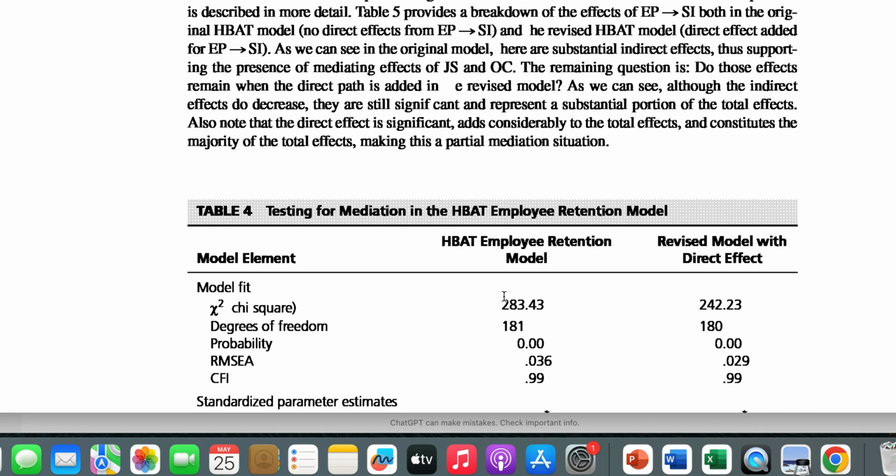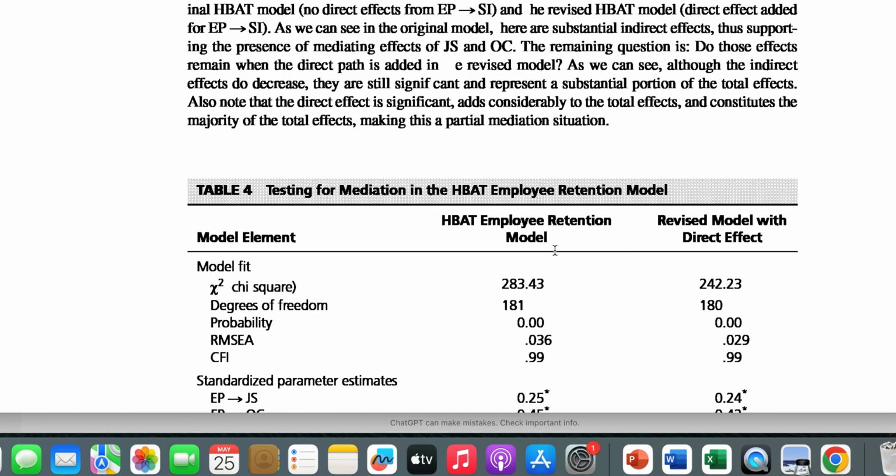As we can see in the original model, there are substantial indirect effects, thus supporting the presence of a mediating effect of JS and OC. The remaining question is: do those effects remain when the direct path is added in the revised model? As we can see, although the direct effects do decrease, they are still significant and represent a substantial proportion of the total effect.